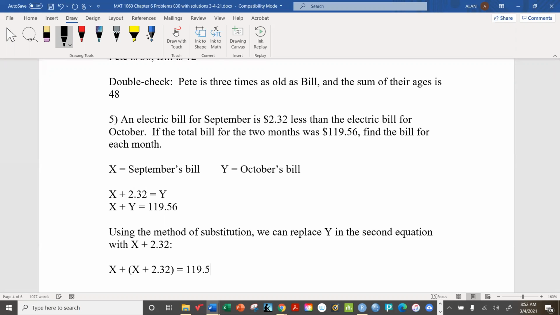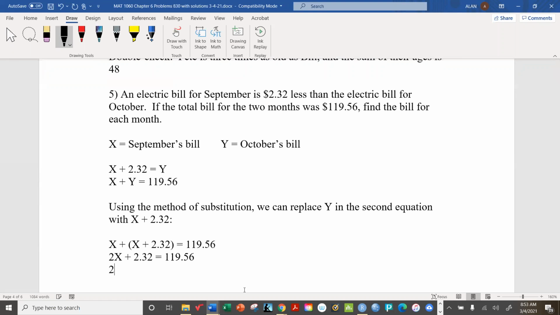So we're replacing this Y with X plus 232. So it's X plus X plus 232 equals 119.56. 2X plus 232 equals 119.56.